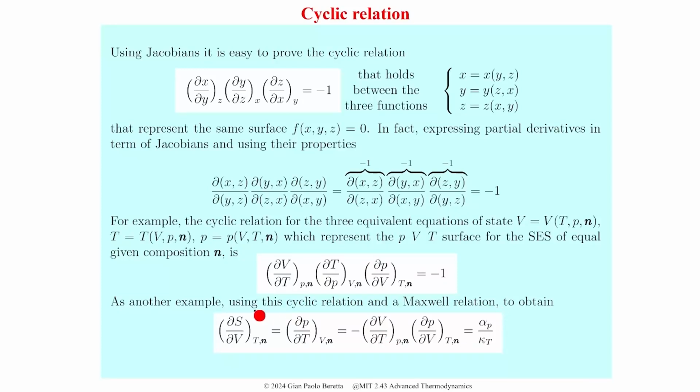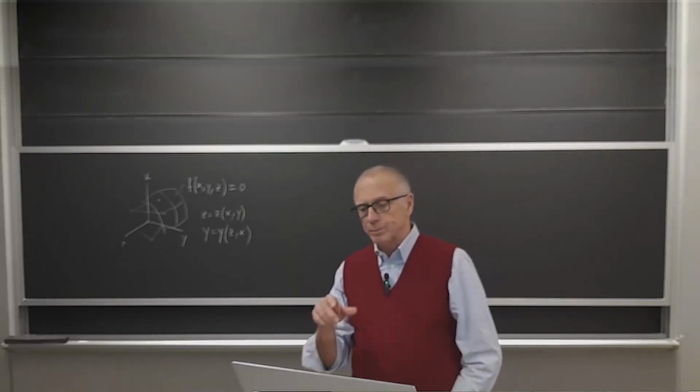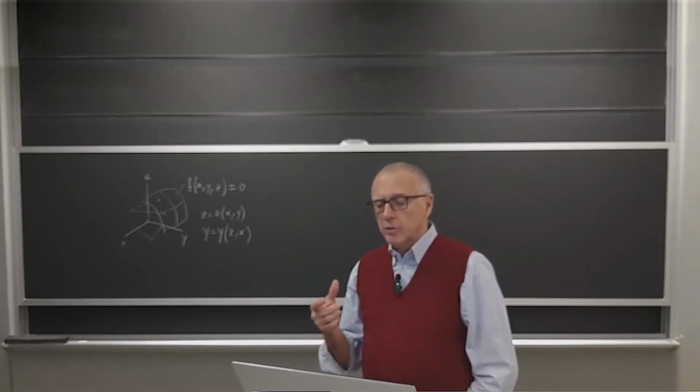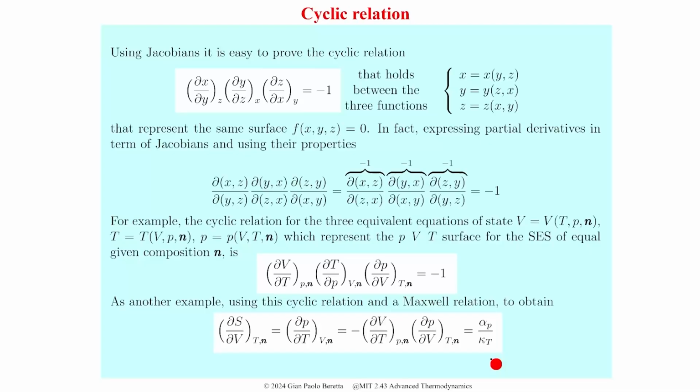you prove that this derivative is equal to the ratio of alpha p over kappa t. So it's the isobaric coefficient of expansion, alpha, over the isothermal compressibility of your material.